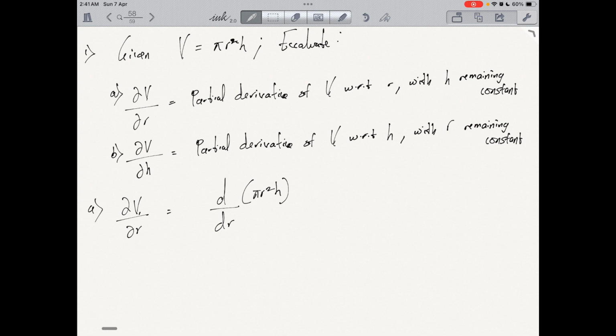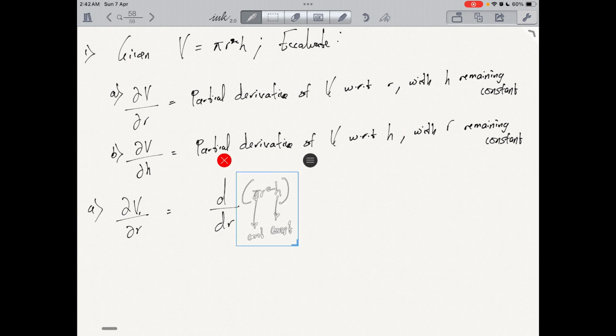Now, in this case, our h is constant and our pi is also a constant, so we can treat them as constants.